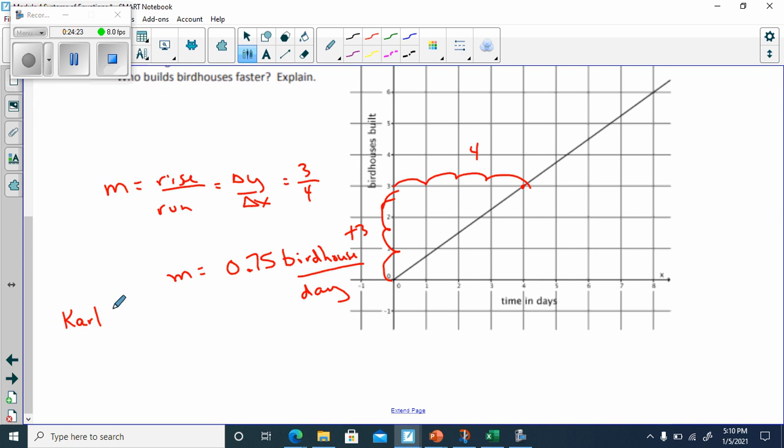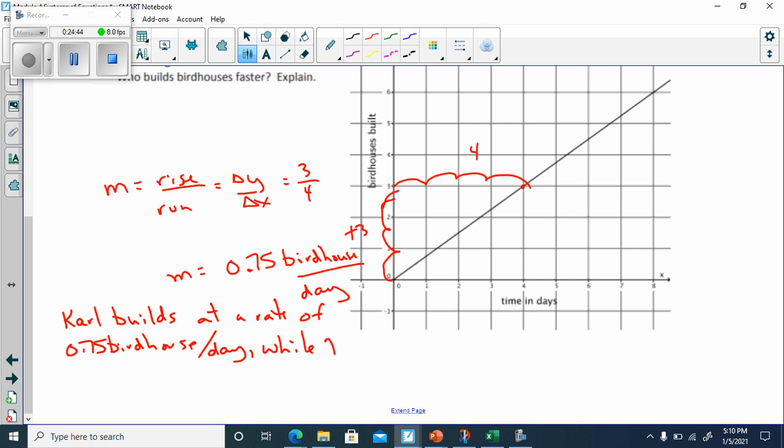Carl builds at a rate of 0.75, 3/4 of a birdhouse per day, while Phil builds at a rate of 6/10 of a birdhouse per day.